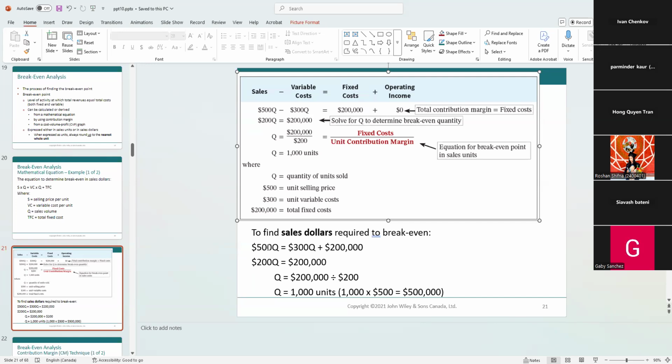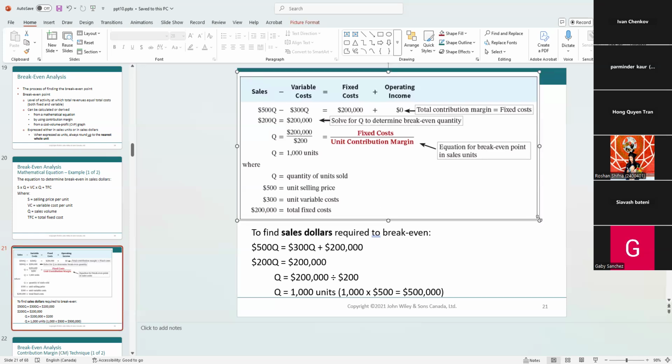We flip the 300 to the other side, and it changes the sign, it becomes a minus. So 500 minus 300 is going to be 200, equal to $200,000. We solve for Q, the number of units. The number of units will be 200,000 divided by 200, which means 1,000 units. And that's how we get the number of units that we need to sell.